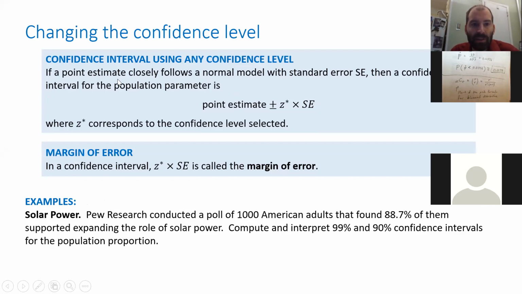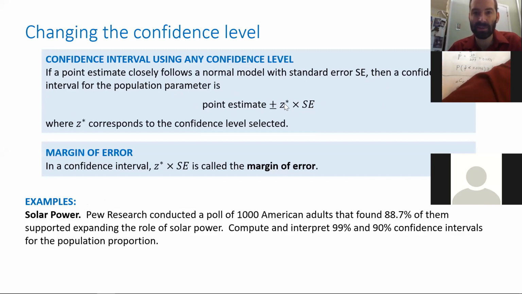If a point estimate closely follows a normal model with this standard error, then the confidence interval is always going to look like this. It's going to be the point estimate plus or minus z star, the number that we're going to use, multiplied by the standard error. So if it's 99%, z star is going to be 2.58. If it's 95%, z star is going to be 1.96.